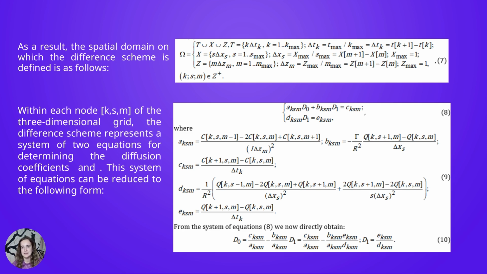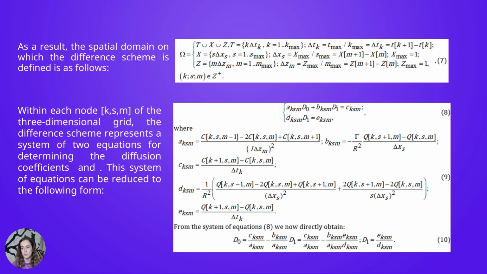On this slide, you can see an explanation of the finite difference method used to model diffusion on a three-dimensional grid, as you saw earlier. The space is divided into nodes K, S, M, each representing a point in space and time.